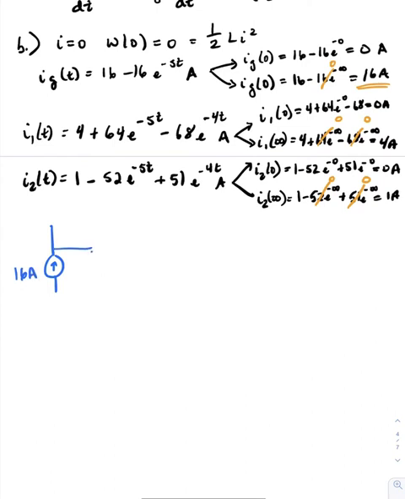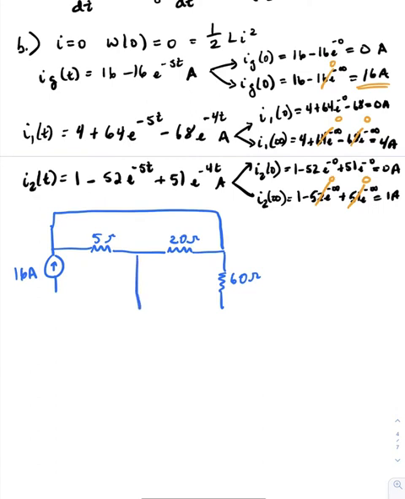We would have our 5 ohm resistor, our 20 ohm resistor, our 60 ohm resistor, and this is a short circuit here and a short circuit here.